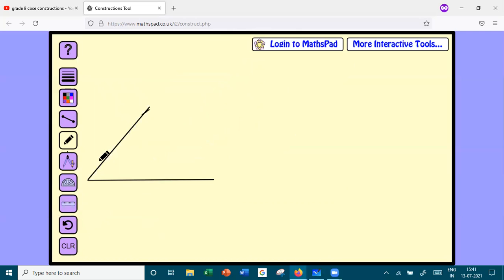Let's say this is your angle POA. This has been given to you. Now, if I want you to replicate this exact thing in your book, how would you do it? Can anybody tell me?